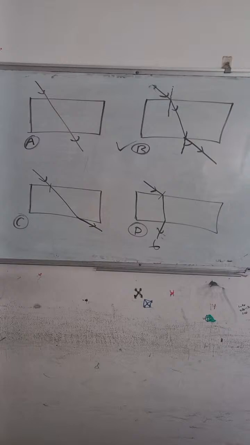If a man's face is 25 centimeter in front of a concave shaving mirror producing an erect image 1.5 times the size of the face, the focal length of the mirror would be A 75 centimeter, B 25 centimeter, C 15 centimeter and D 60 centimeter.